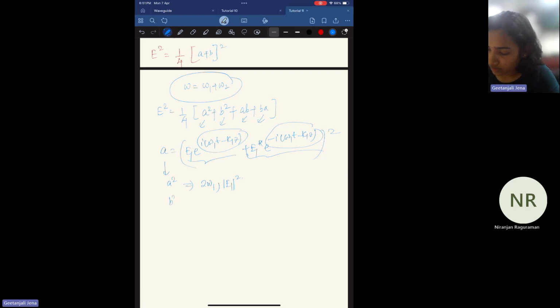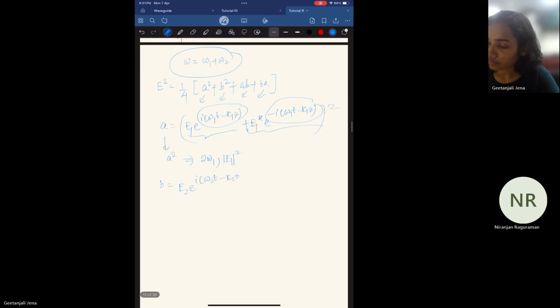Let us see B squared. Similar to A squared, for B squared, B is E2 e to the power i(omega 2 t minus K2 z) plus E2 star e to the power minus i(omega 2 t minus K2 z).